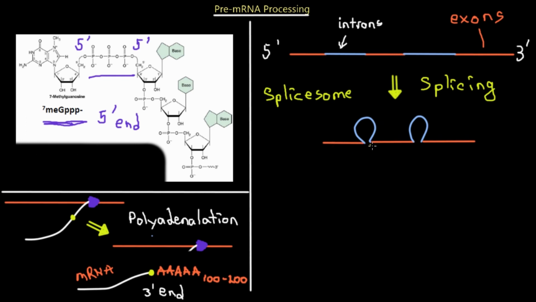What they do is create loops with the introns, and then they cut away the introns and connect the exons together. The significance of that is that a lot of the mRNA sequence is going to be cut out, and only the exons will stay.